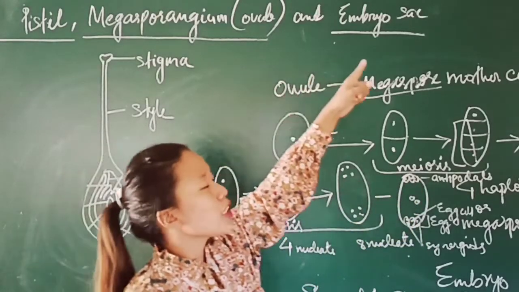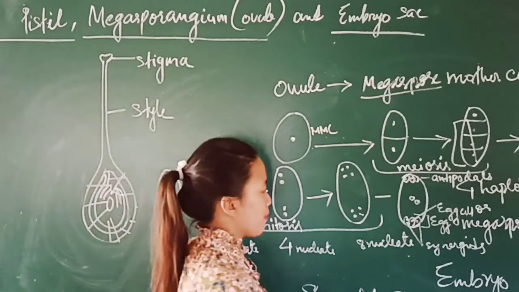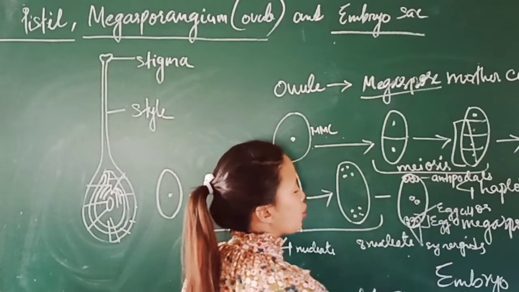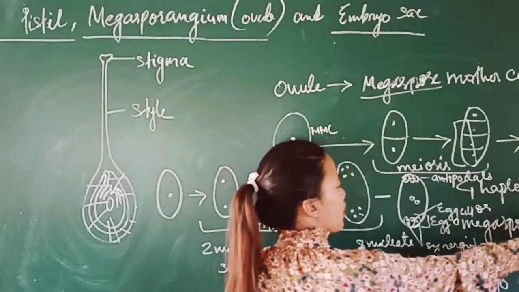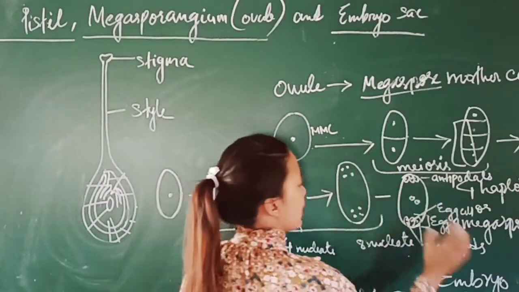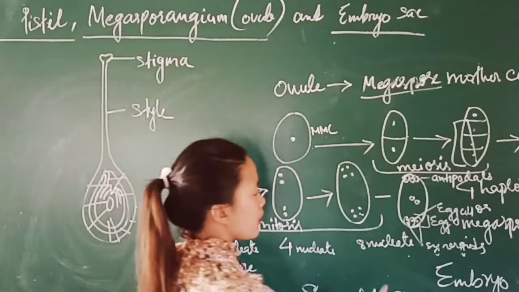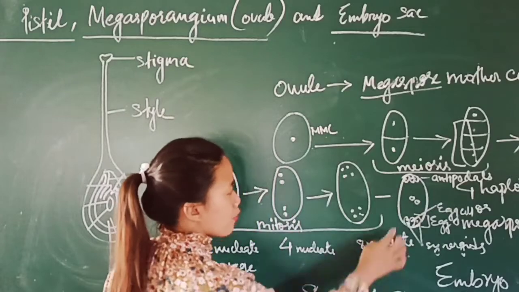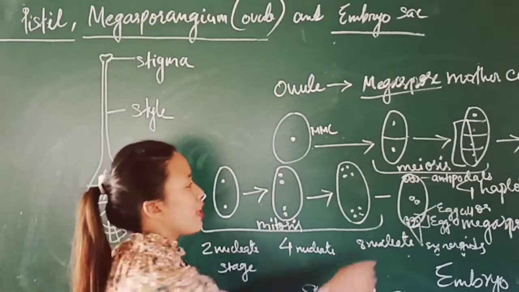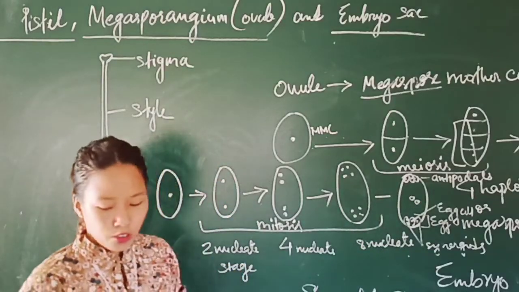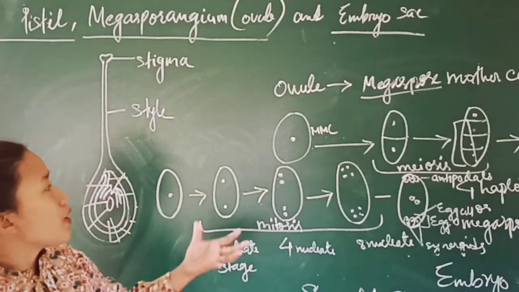The terms embryo sac and female gametophyte are for the same thing. This is how the functional megaspore undergoes all these processes and develops into the embryo sac. Even though it has 8 nuclei, it is a 7-celled structure. This is the complete structure of the embryo sac.